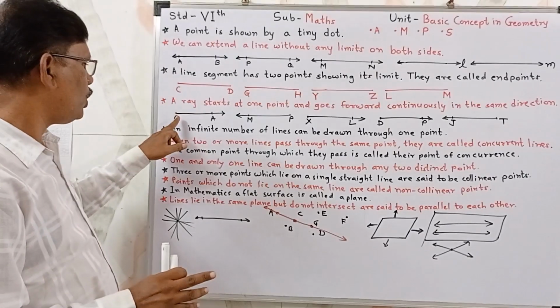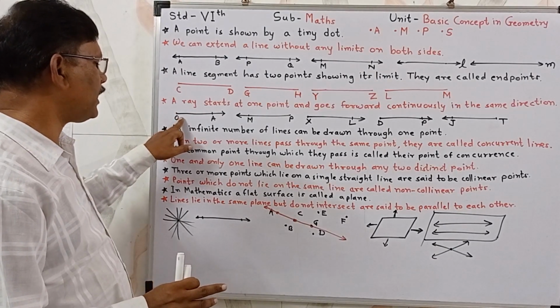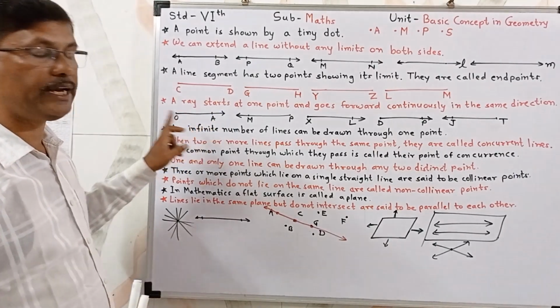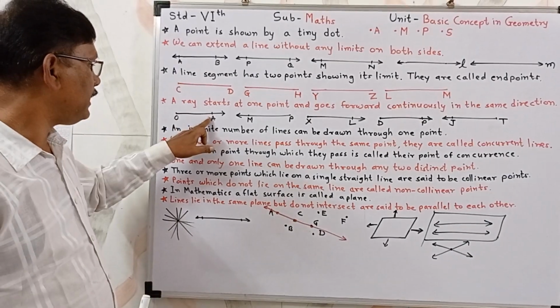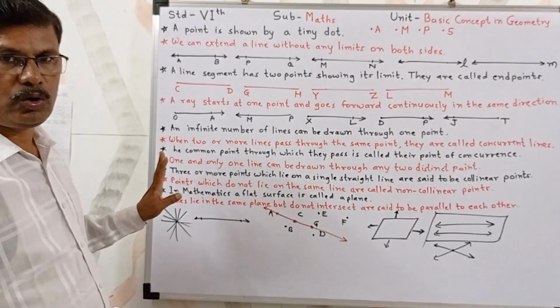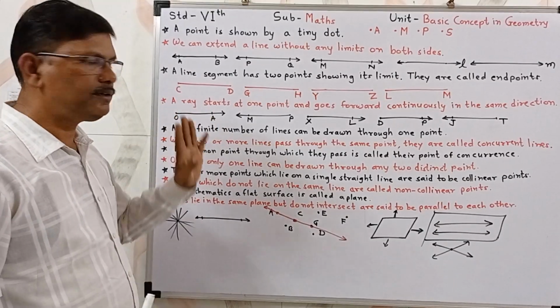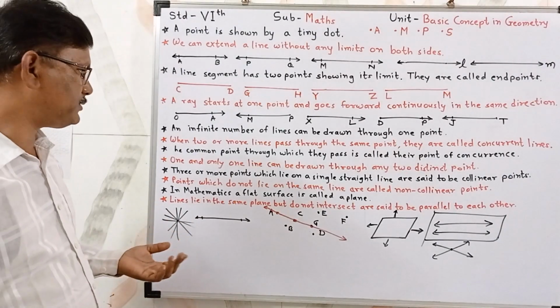Understood? So this is called a ray and it is read as ray OA, but not read as ray AO. One side limit and the other side no limit.